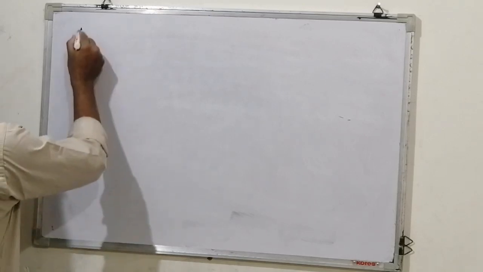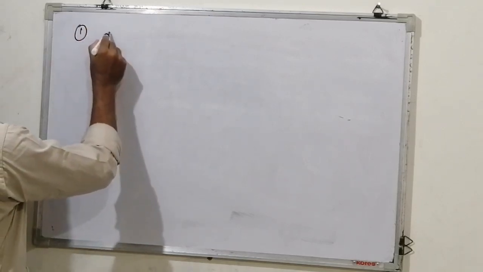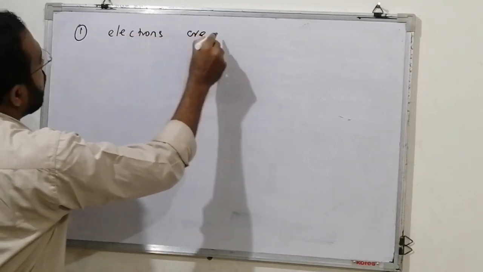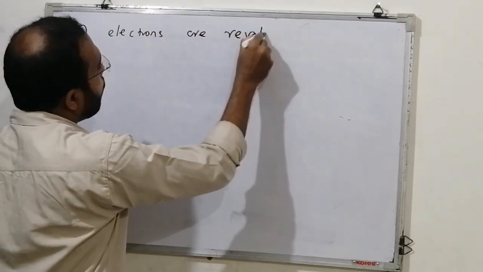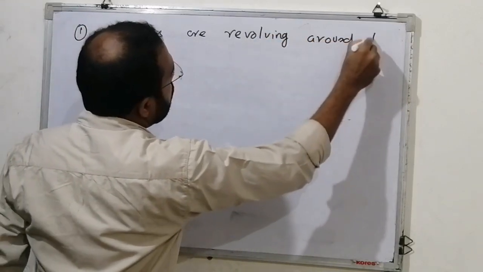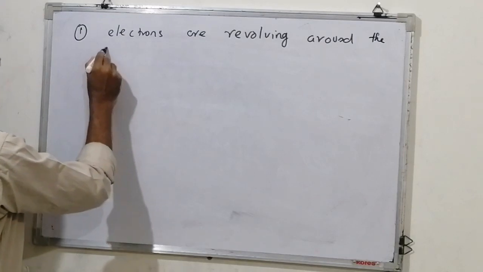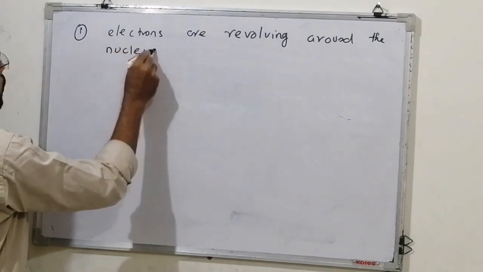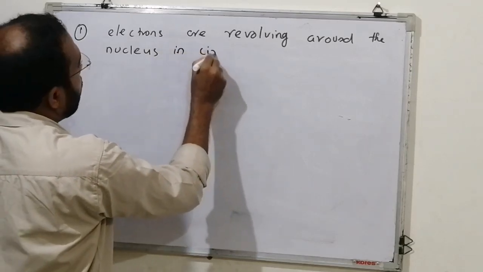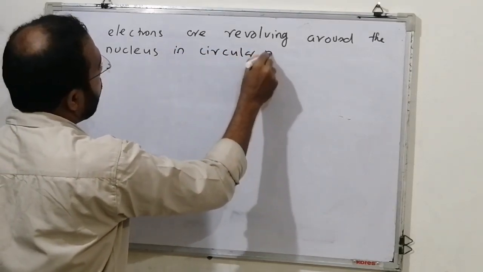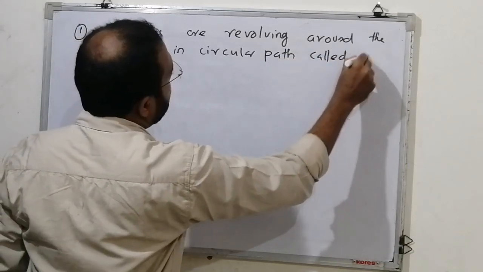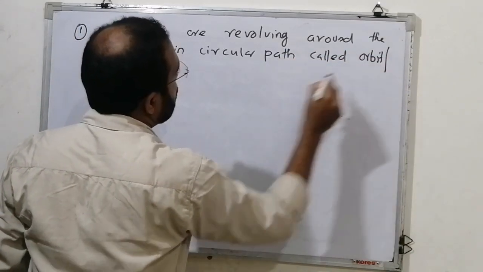The first postulate is electrons are revolving around the nucleus in a circular path called an orbit or shell.